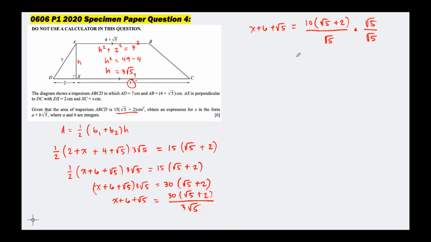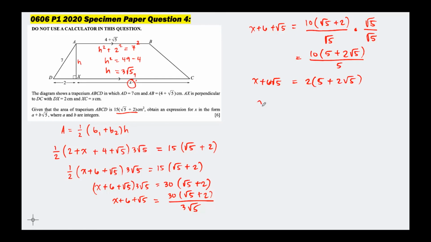So that gives us 10 times square root of 5 times square root of 5, which is just 5, plus 2 times square root of 5, which is 2 square root of 5, divided by 5. So therefore, x plus 6 plus square root of 5, we can divide 10 and 5, and that gives us a 2, times 5 plus 2 square root of 5. Oh, so there should be a plus here.